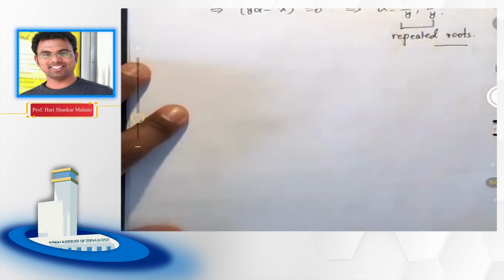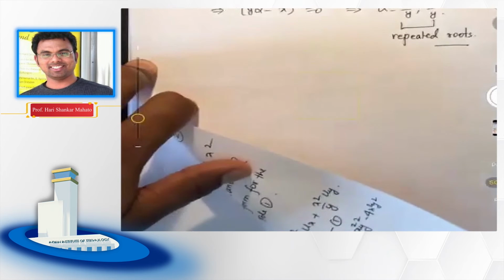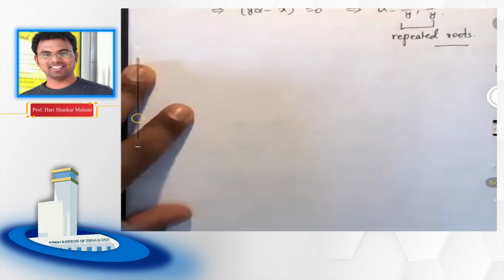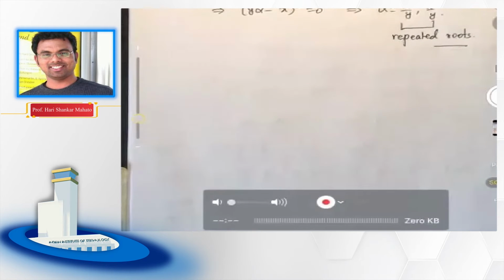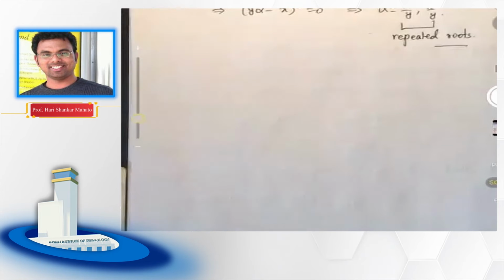So in case of parabolic PD, we will get repeated roots. In case of hyperbolic PD, we will get distinct roots. And in case of elliptic PD, we will get some kind of root. I will tell you later on.